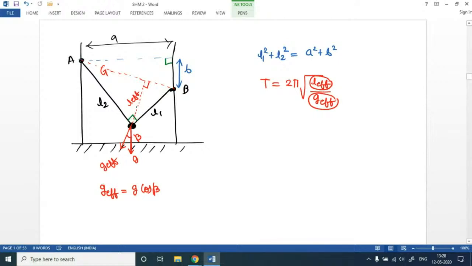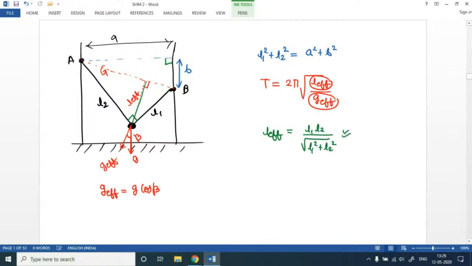If this angle is 90 degrees, how much would be this L effective over here? Geometrically, you know that L effective would be nothing but L1 L2 upon root under L1 square plus L2 square, right? So that is one thing.